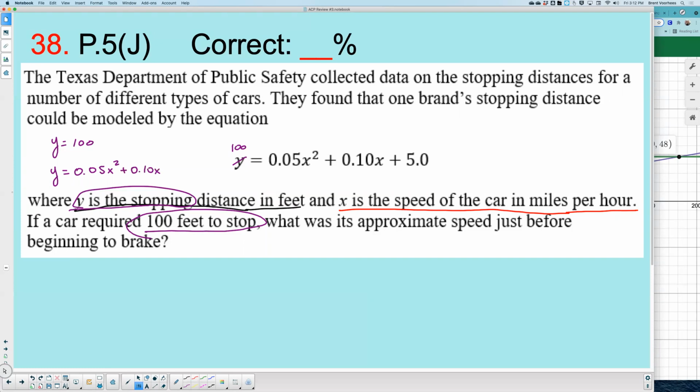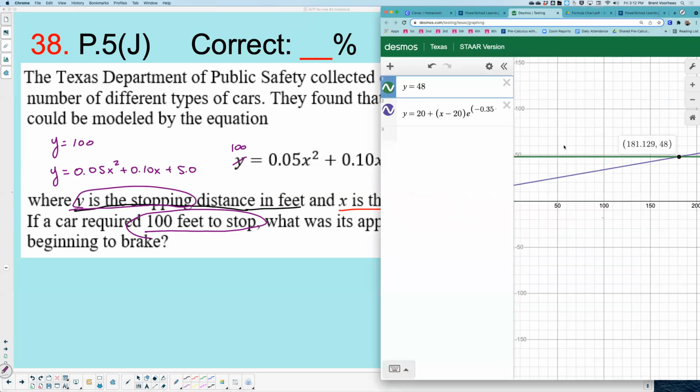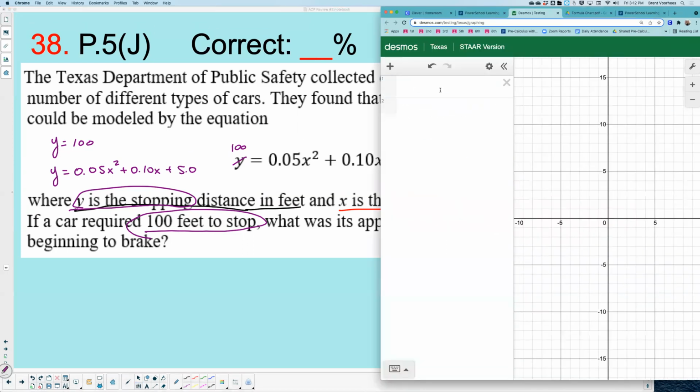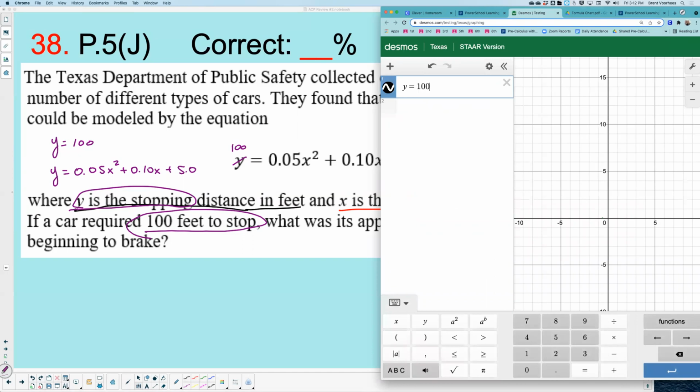And we'll type these in and see what we come up with. y equals 100, that's the 100 feet to stop. And our equation. Okay, we'll zoom out until we find our solutions.